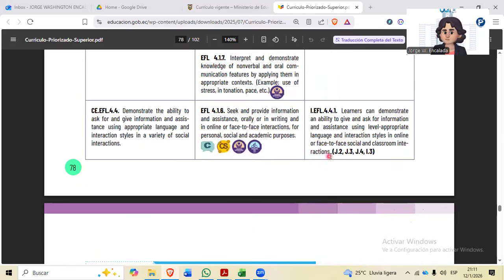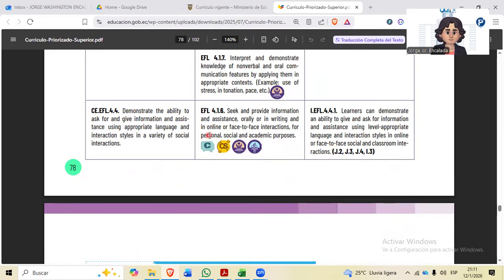Now, here also we have some codes, but big spoiler alert, these represent the exit profile, or to speak more properly, how this contributes to the exit profile of a graduate from Bachillerato.